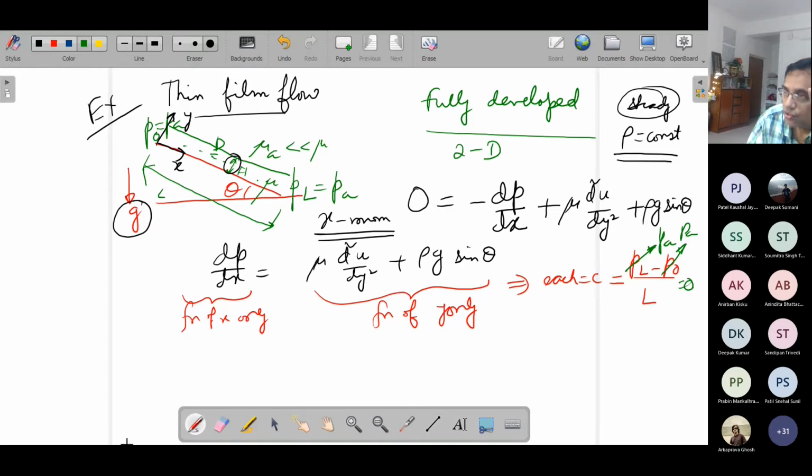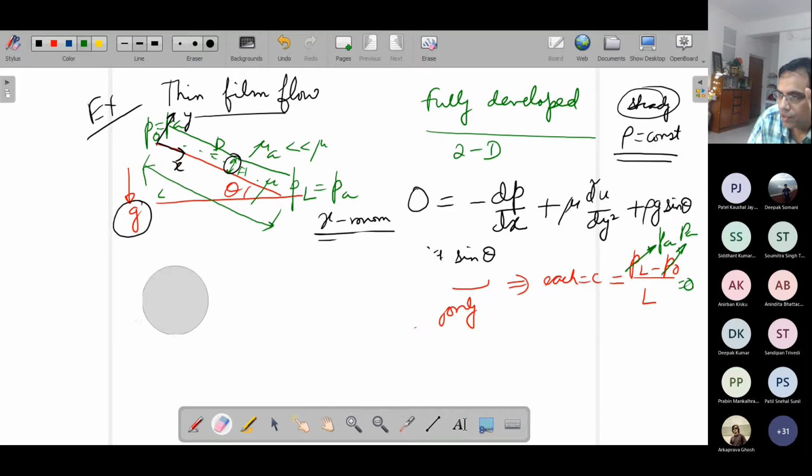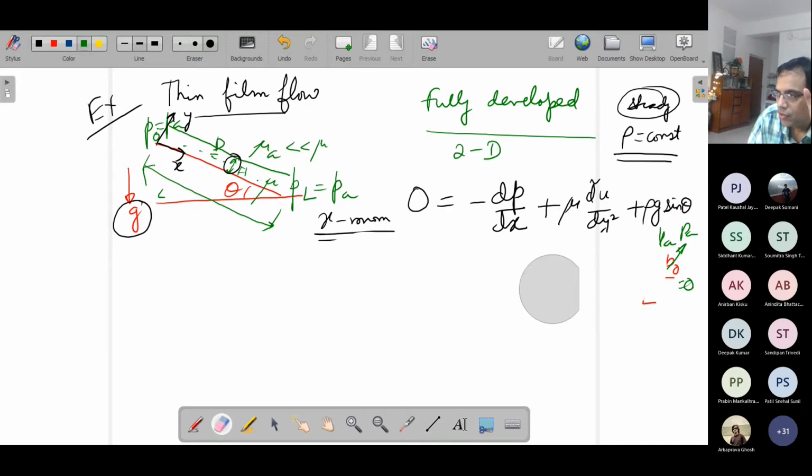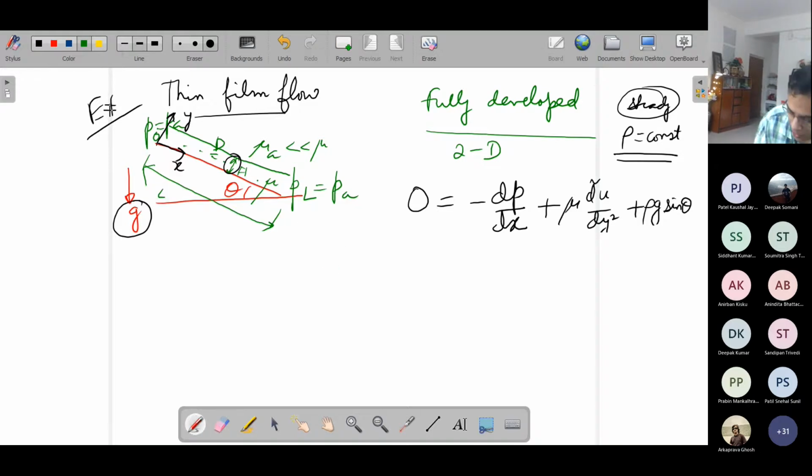That means this equation will lead to, I'm just erasing it and replacing it. Some people just verbally tell and jump to the state in which I'm describing it now. That is d2u/dy2 is equal to 1 by mu rho g sin theta. But I just showed you where this comes from.